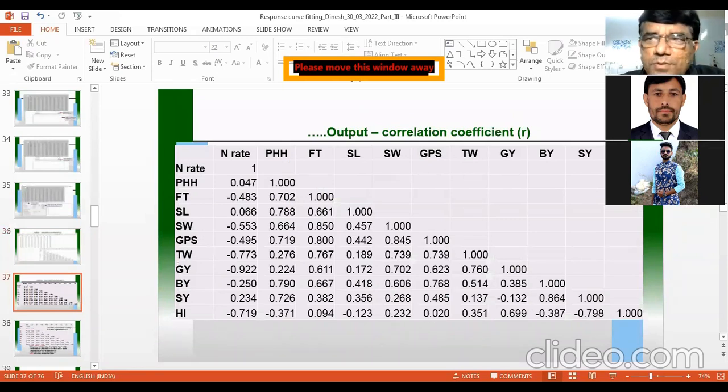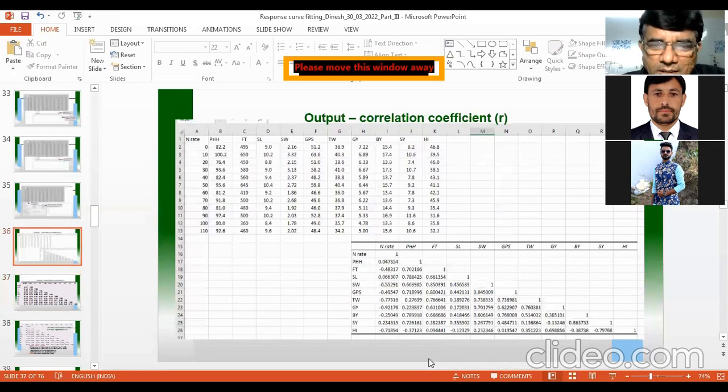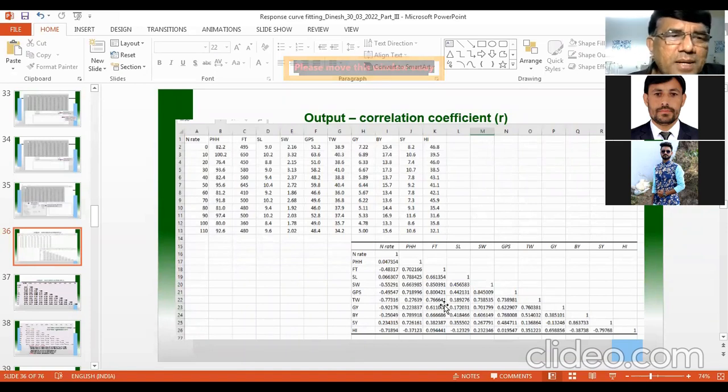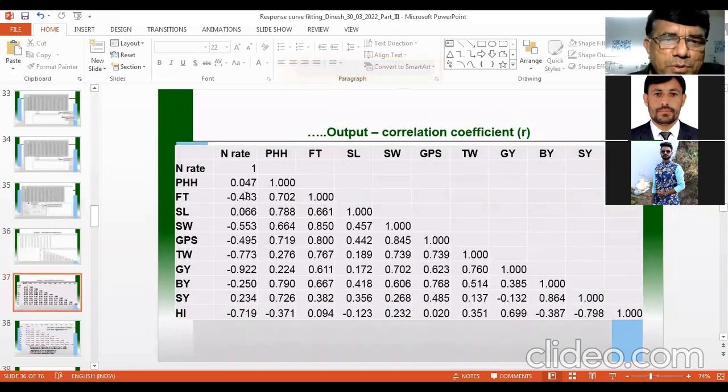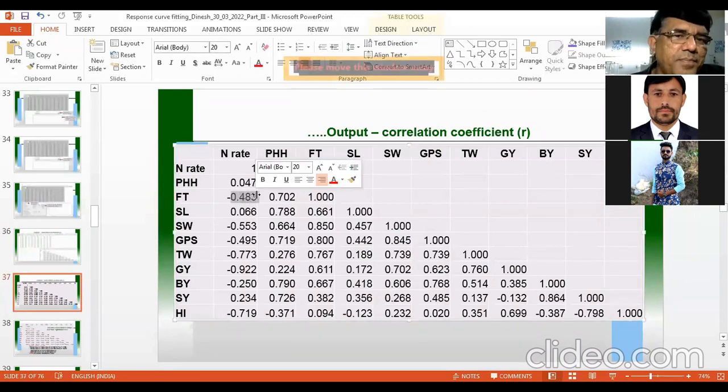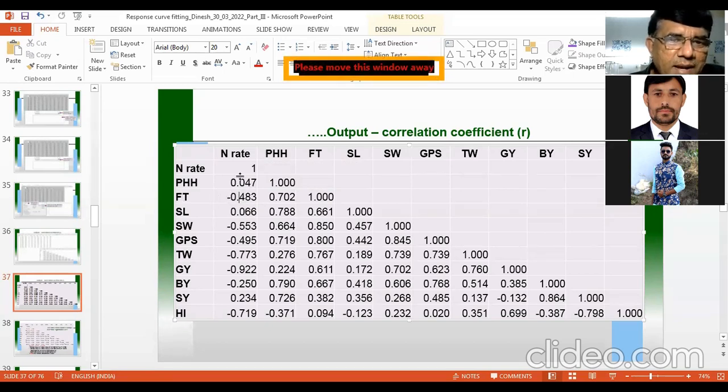Only difference is, to make more clarity, I just removed 2 places after decimal from the right side. Because there are so many places after decimal, it makes no sense. So normally correlation coefficient up to 3 digits is perfectly okay. So wherever minus is there, it means these 2 parameters, for example, fertile tiller and N rate, have a negative relationship. So that is the meaning of this.